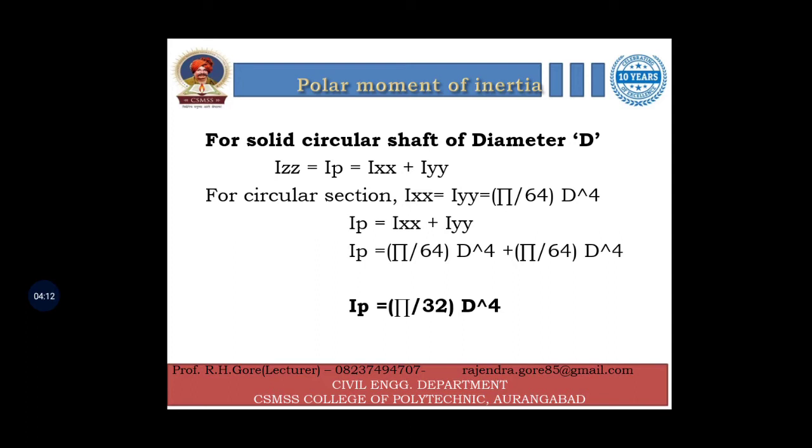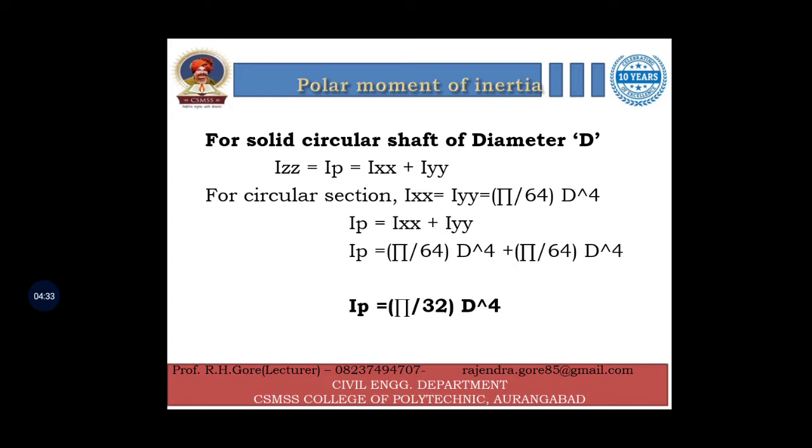So the polar moment of inertia for a solid circular shaft of diameter d, Izz or IP, is equal to, by using the perpendicular axis theorem, Ixx plus Iyy. For a circular section, Ixx is equal to pi by 64 into d to the power 4.